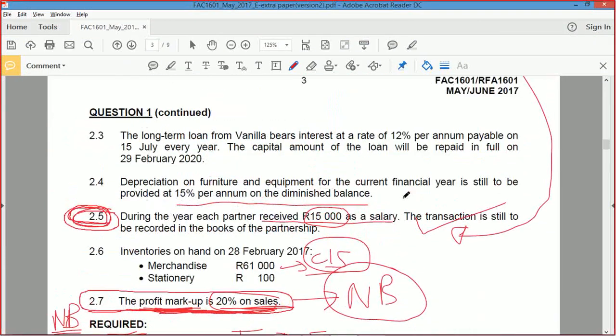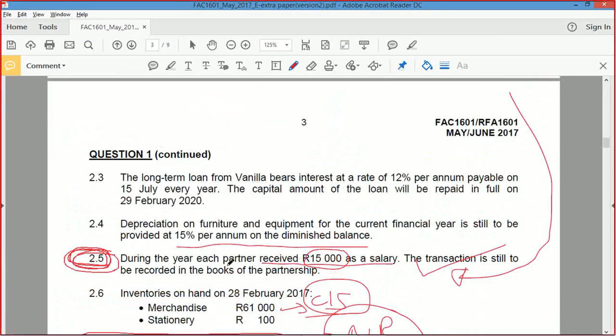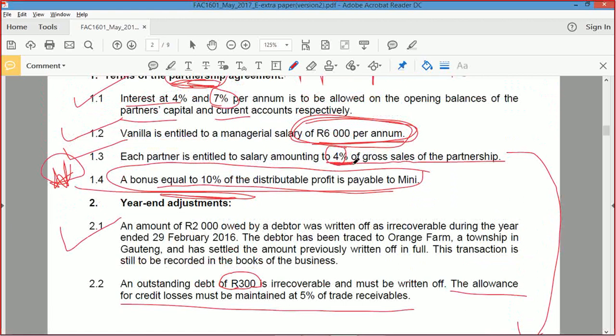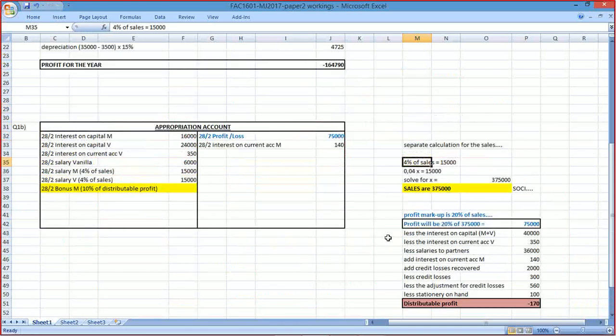Let's check that. Yes, they did. During the year, each partner received 15,000 as a salary. And we know that the 15,000 is 4% of gross sales. So there's nothing wrong with that. Reading it correctly, I'm just going to use what I've got here.